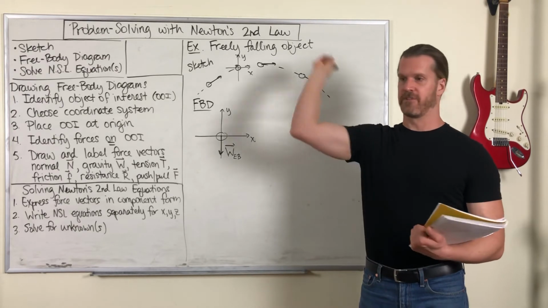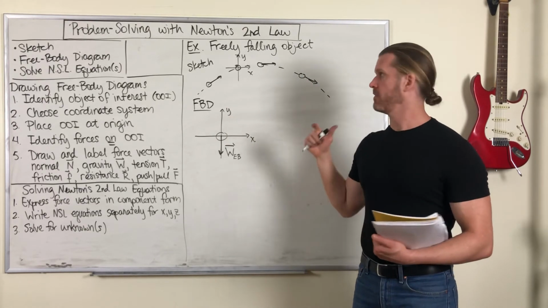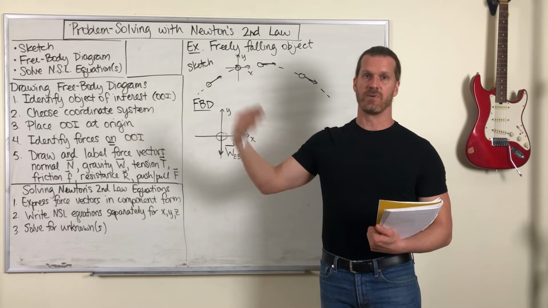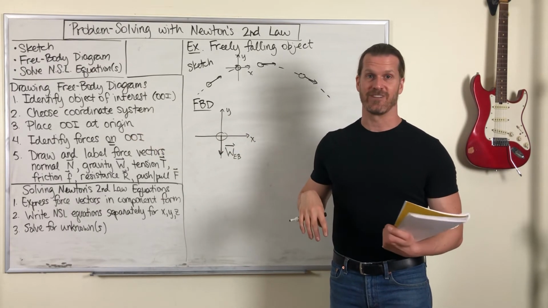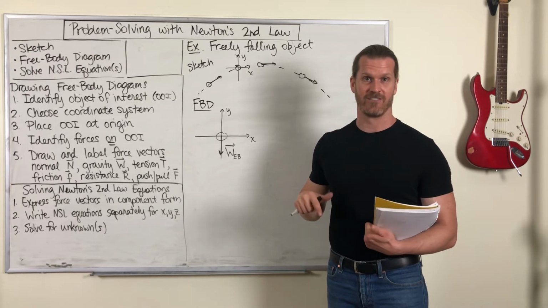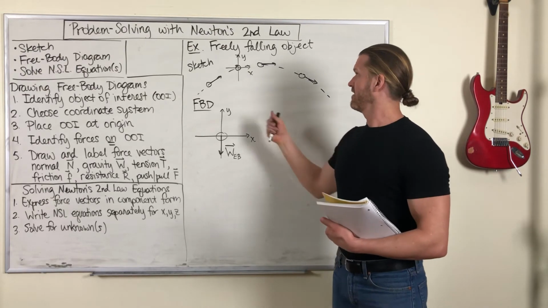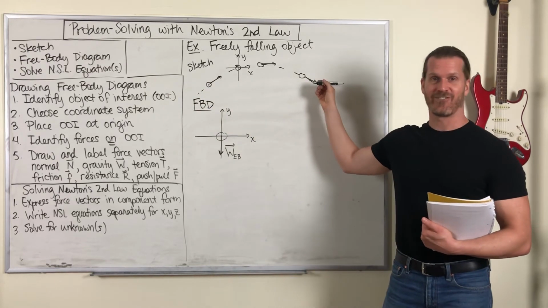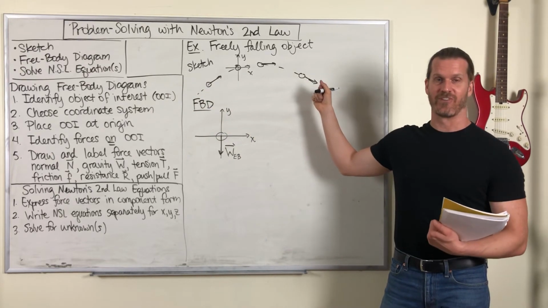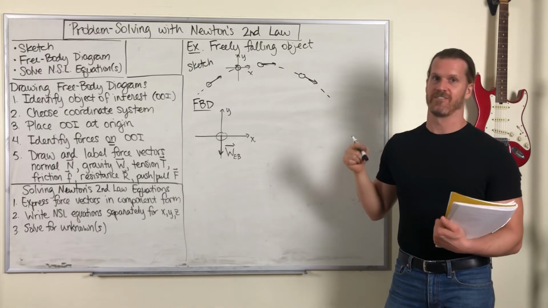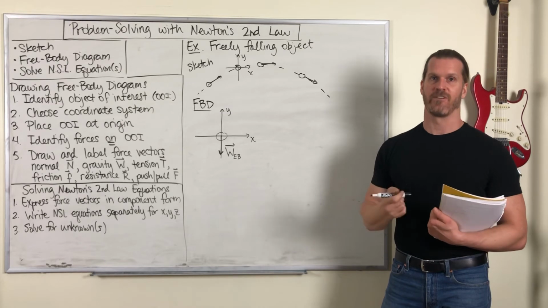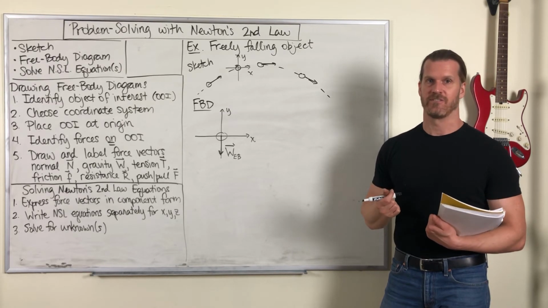Once you let go, after you've thrown the ball, it continues to move horizontally because of its inertia, because of Newton's first law. Horizontally, that x component of velocity is the same the whole time because there is no horizontal force. Therefore, the velocity doesn't change.